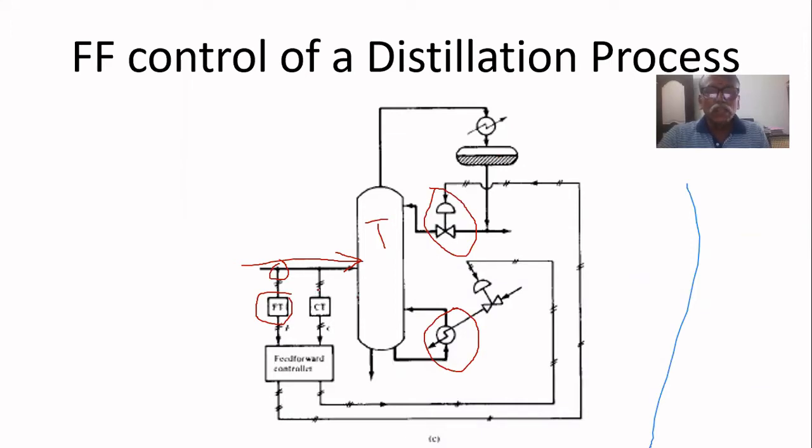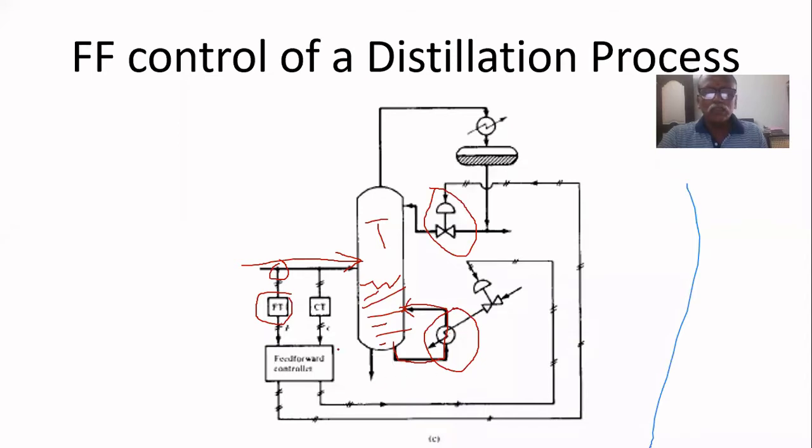That is one way. Another way is this reboiler. Here we have already seen that the bottom product is a liquid in the distillation column. The entire temperature is maintained by injecting heat into that liquid. The liquid is pumped out and circulated through this process, through this heat exchanger.